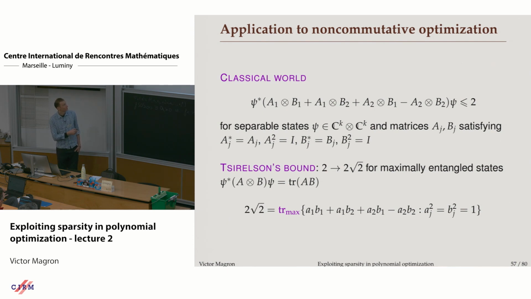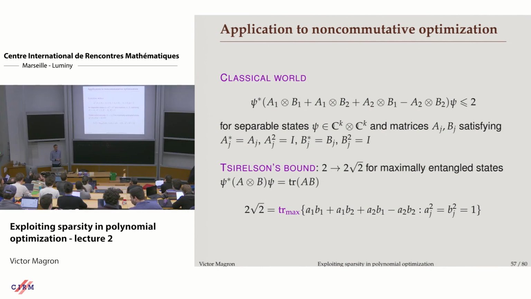So you obtain 2 square root of 2 by maximizing the normalized trace of this big operator with the classical unitary constraints. In this case, it also corresponds to an eigenvalue because you have this density matrix argument, and so this is either a maximal eigenvalue or a maximal trace problem. Do you have a high-level intuition about that?